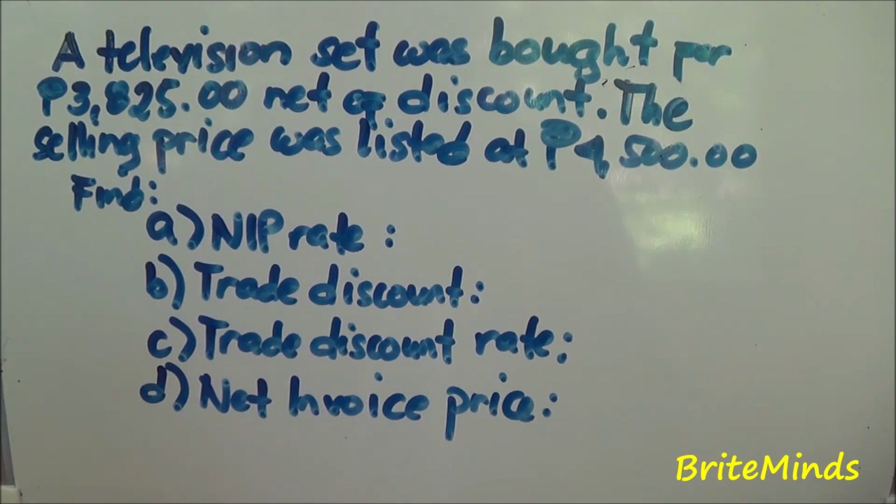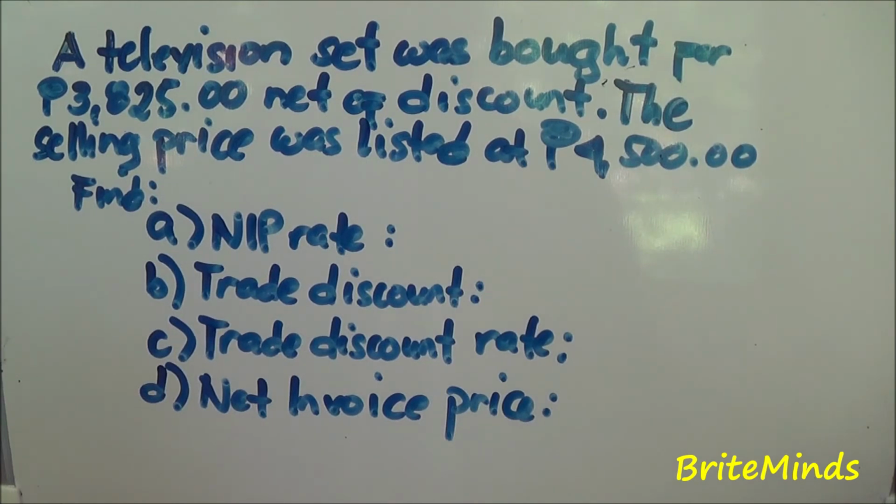So what will be the first thing that we need to find? What are the given? We have the 3,825 pesos as the net of discount, and the selling price is also given, so we can compute for the trade discount. How are we going to compute for the trade discount?